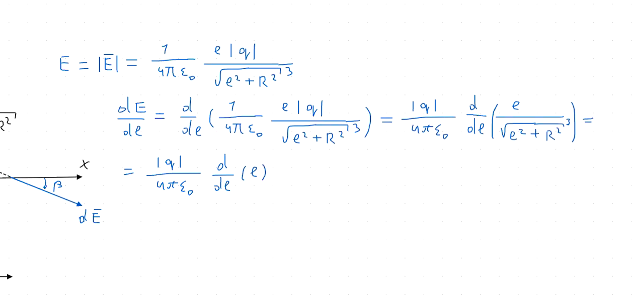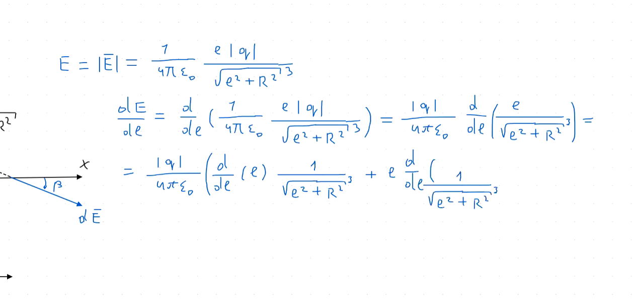And here we will have 1 divided by this square root, plus L multiplied by the derivative d/dL of this square root in brackets. We'll have this relation.